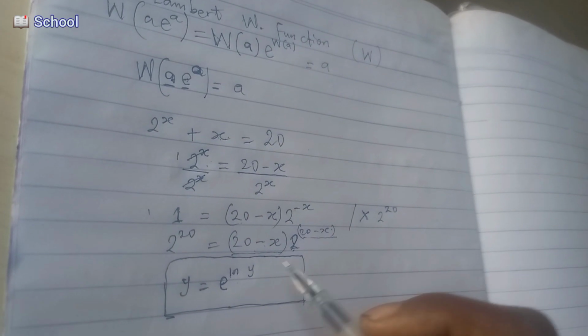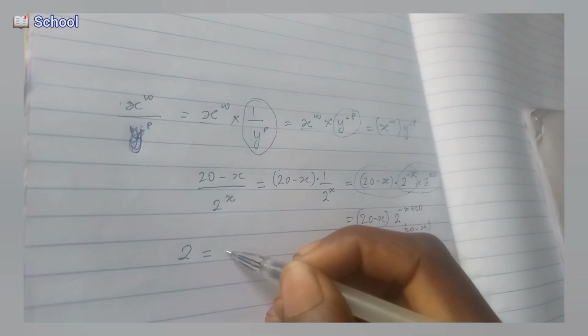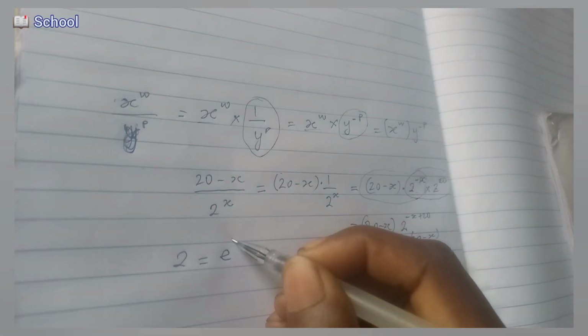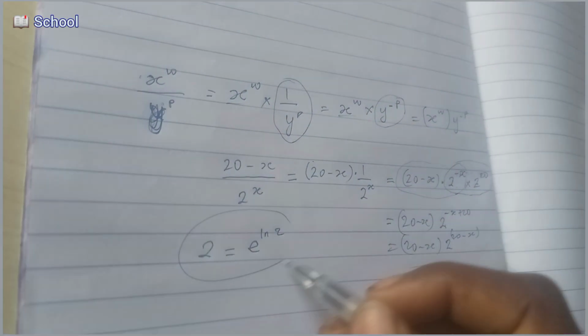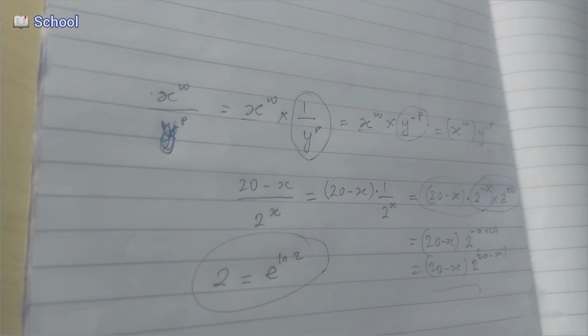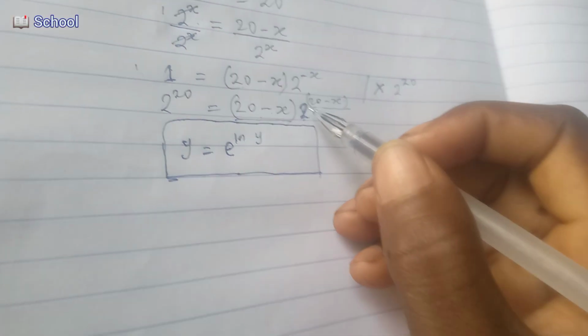So now we are going to use this property. This 2 here will be written as e to the power of what? ln 2. I don't know if you understand. If you don't understand all of this, you may revisit your secondary school maths textbook after watching this video.